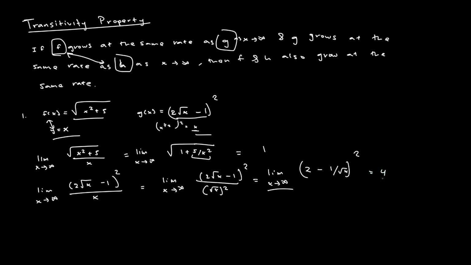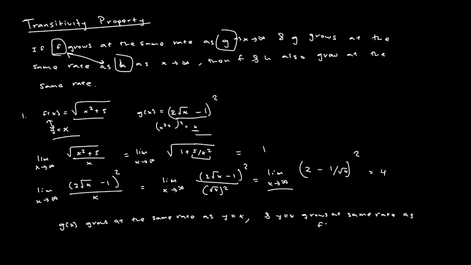And so we've proved that g of x grows at the same rate as y is equal to x, and y equals x grows at the same rate as f of x.